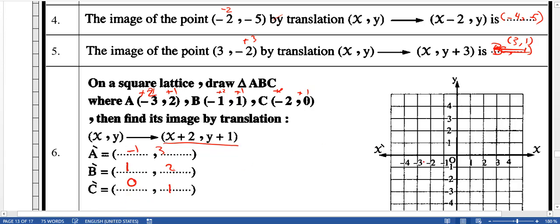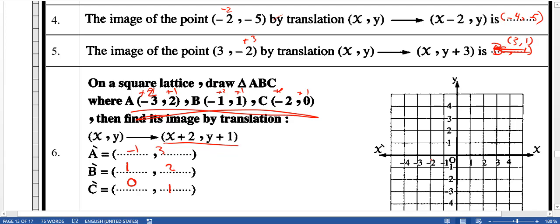And we will draw these points here. The points before translation and the points after translation.